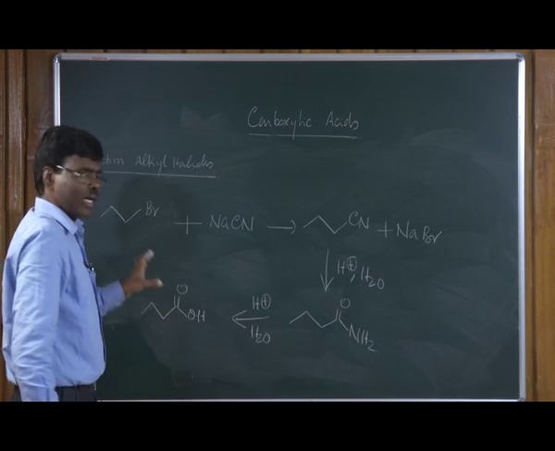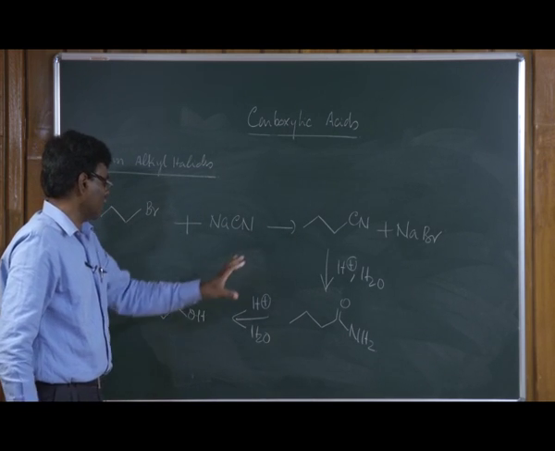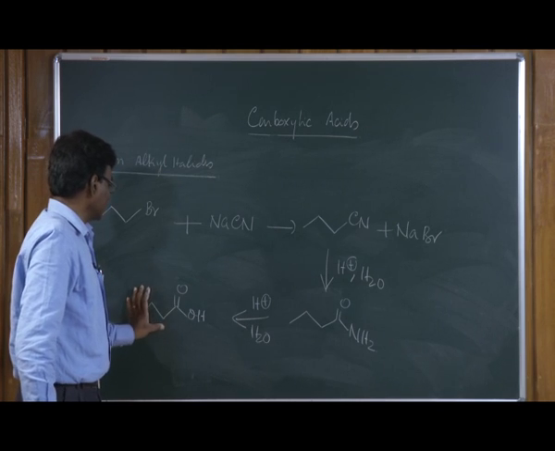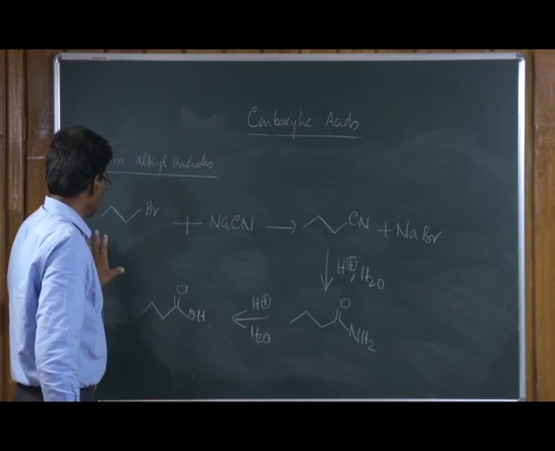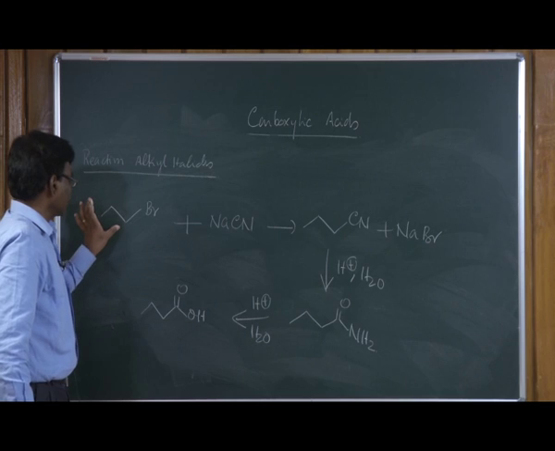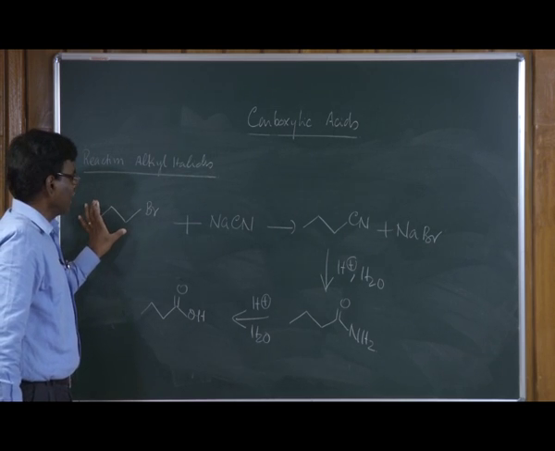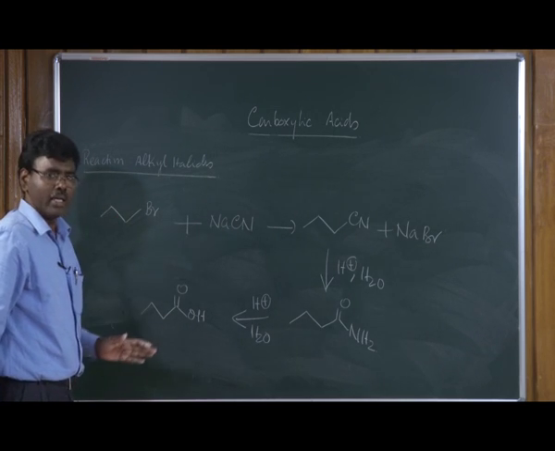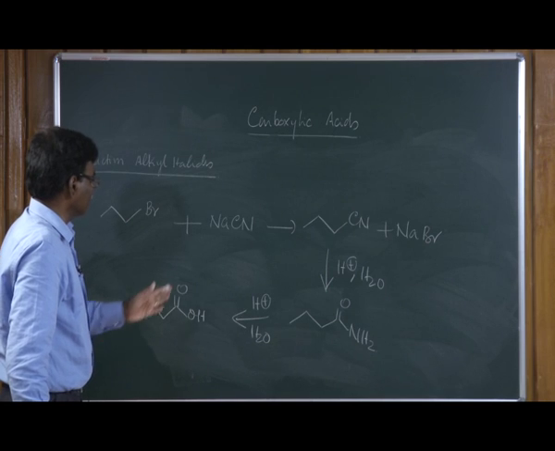So, if you have alkyl halide, the alkyl halide can be transformed to the corresponding carboxylic acid. What we do here is add one carbon extra, that comes from the cyanide.